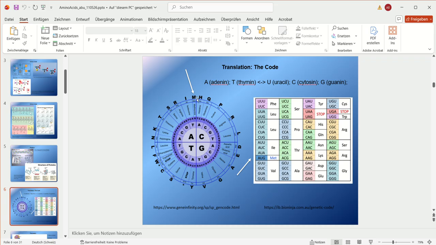And there is one amino acid that starts a chain, which is the methionine. And there are 3 different ones, or at least 2, that can stop. So the chain will be cut after these. This is part of the code. And the others are the different amino acids.